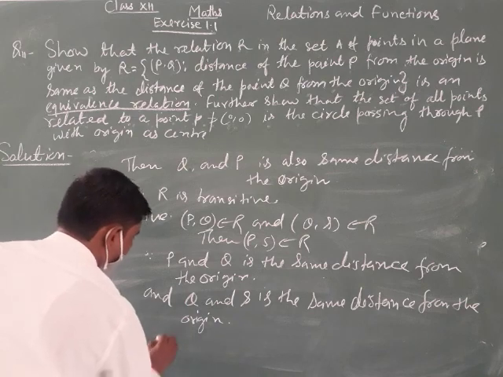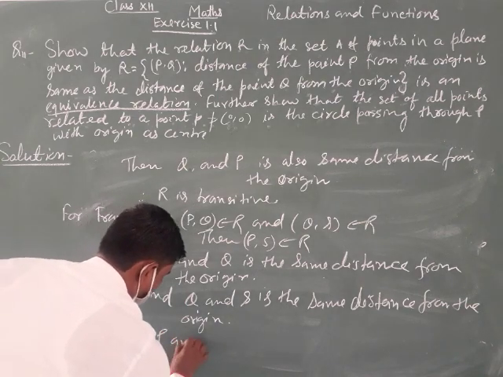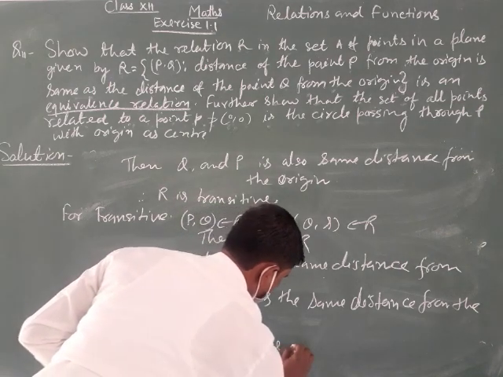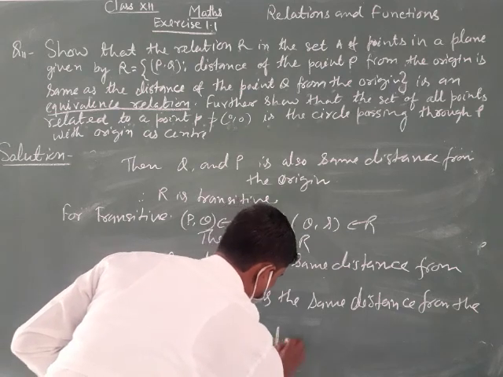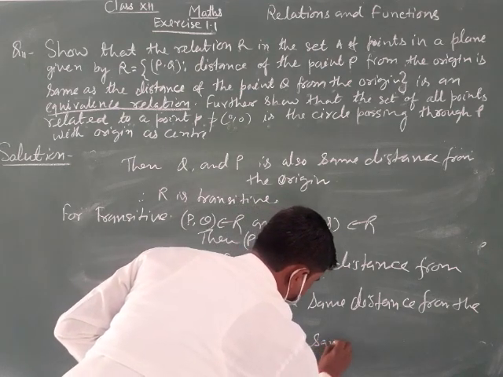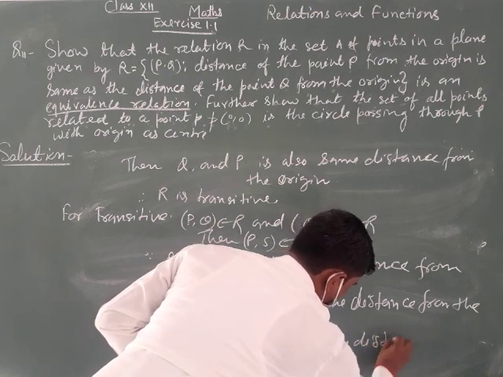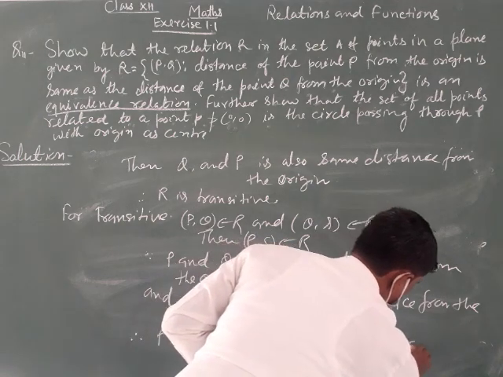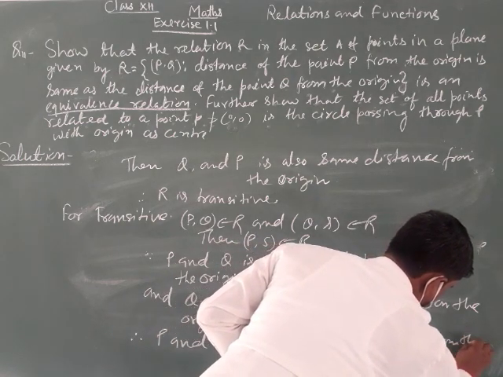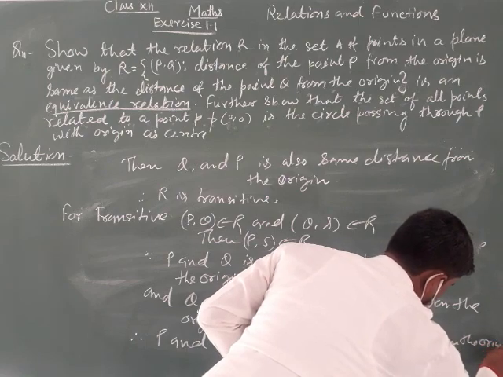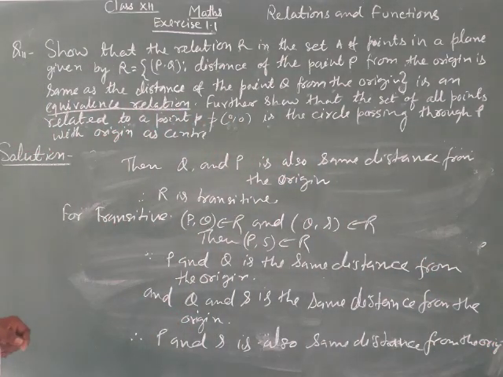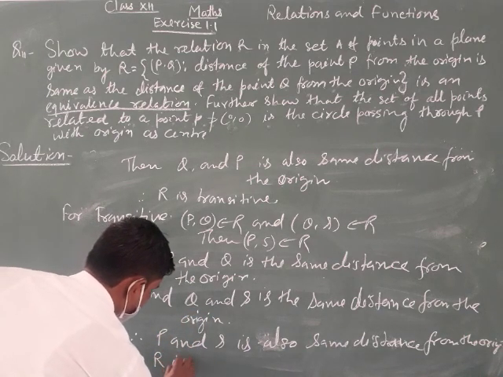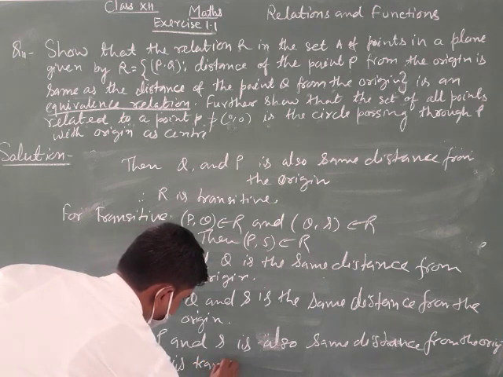therefore P and S are also at the same distance from the origin. Therefore, R is transitive.